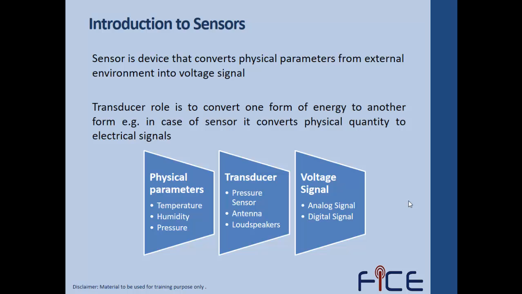Next we will discuss the transducer. A transducer is a device that converts one form of energy to another form. A sensor is a transducer, but every transducer is not a sensor. So we can say that a sensor is a subtype of a transducer.